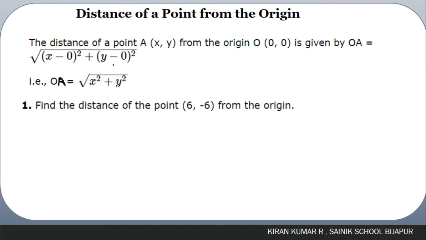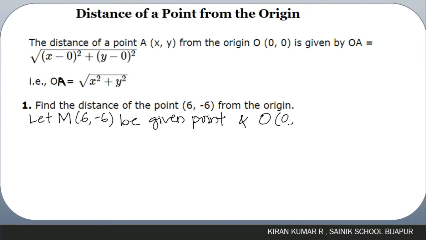The first question is, find the distance of point (6, minus 6) from the origin. Let me consider the point M to be (6, minus 6), the given point, and O representing the origin (0, 0).